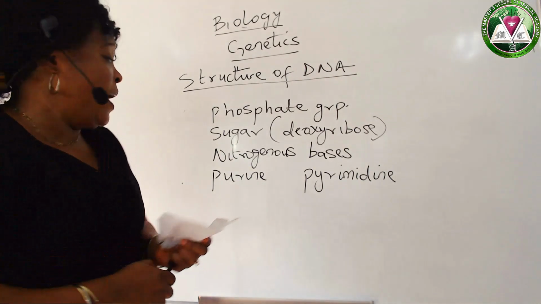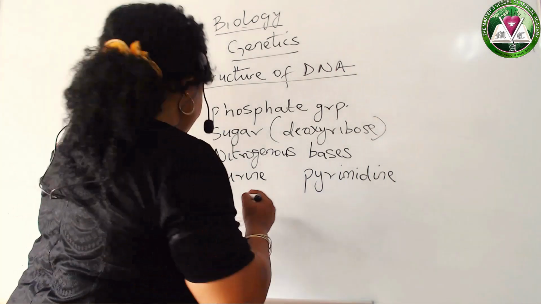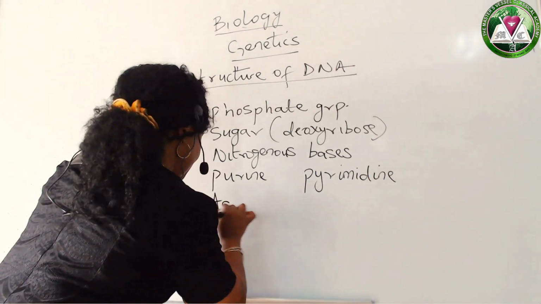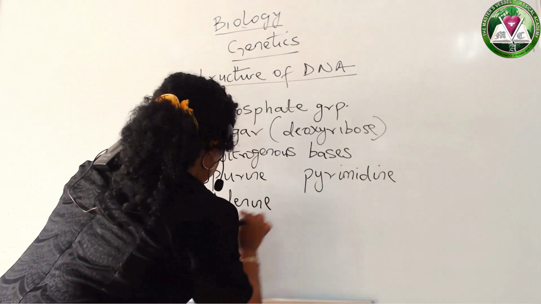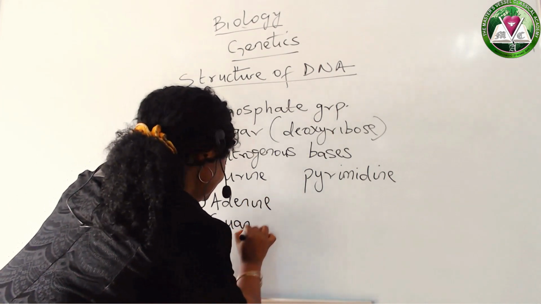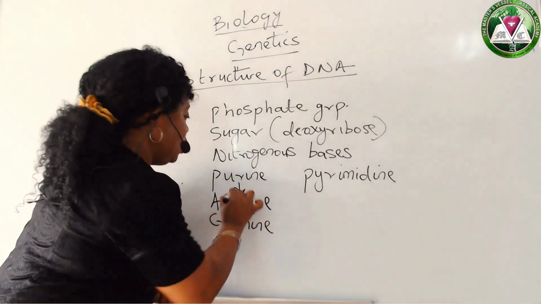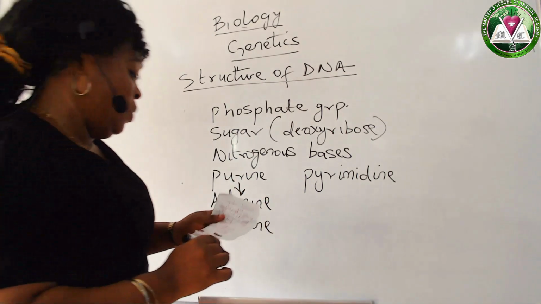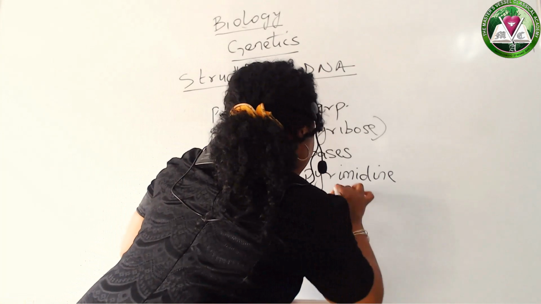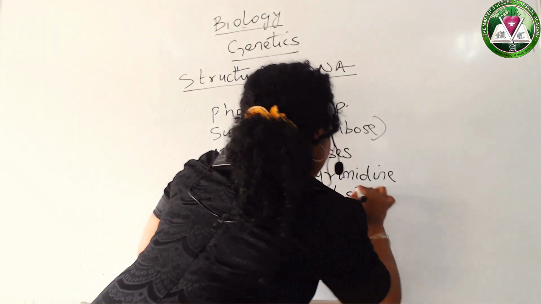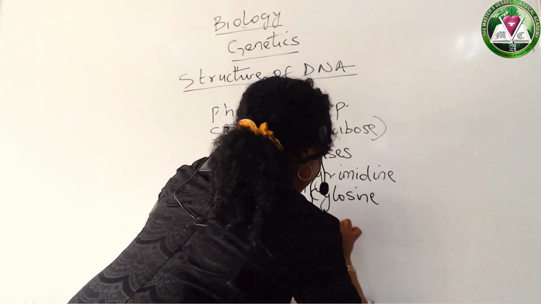Under the purine, we have the bases adenine and guanine. And under the pyrimidine, we have the bases cytosine and thymine.